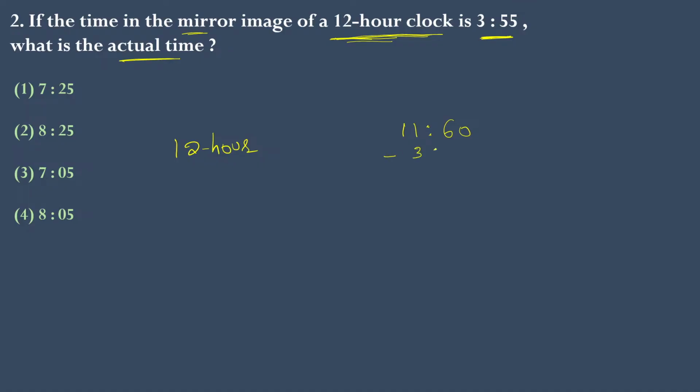The given time is 3:55. In 60 minutes, subtract 55, we get 5. Here we get 8. So the actual time is 8:05. Option 4 is correct.